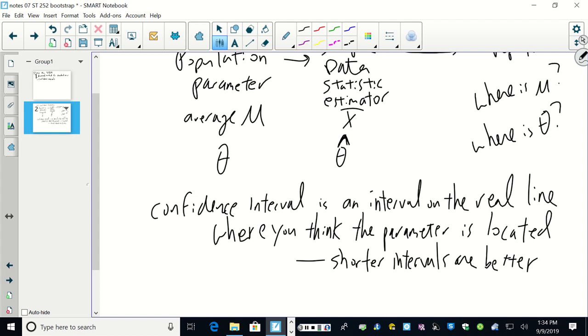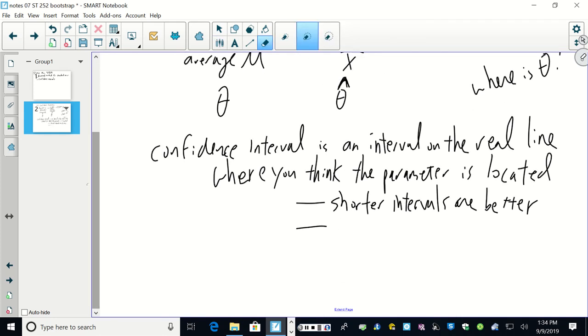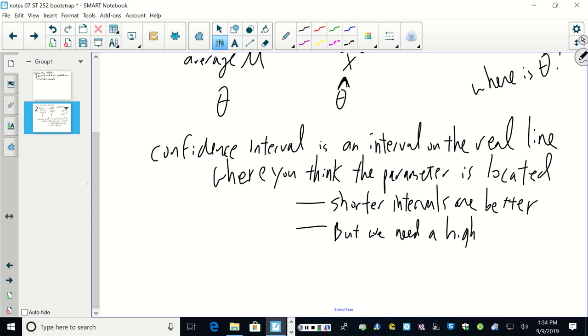If I just say everything is 5, well, sometimes that might be true, and that's totally precise, but pretty much useless for everything, right? So shorter intervals are better, but you need a high level of accuracy.